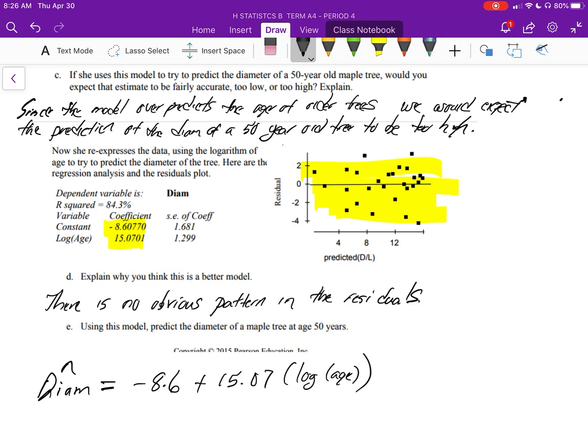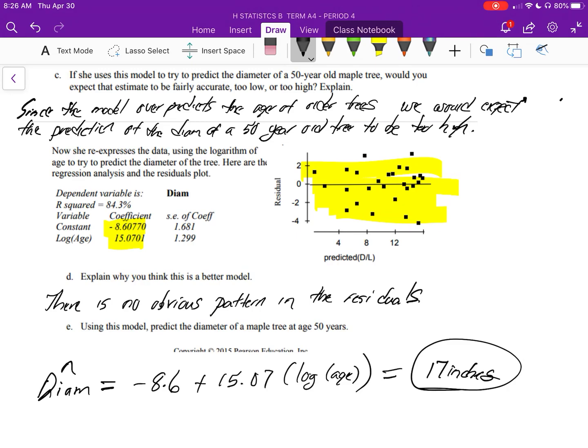Right? So if I do the work there on the calculator, I end up getting that comes out to be about 17 inches.